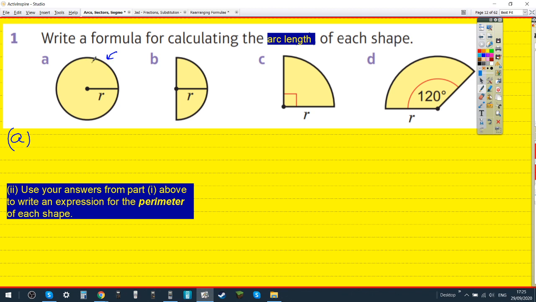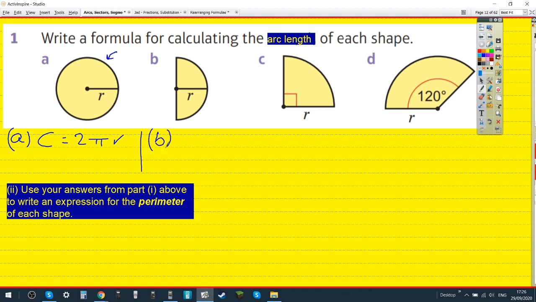Okay, and so for this one, because it's a normal circle, maybe I should call this circumference. So the circumference for this circle? 2 pi r.